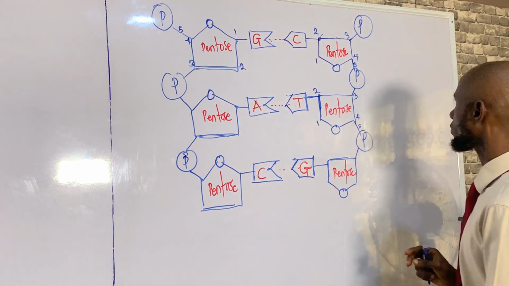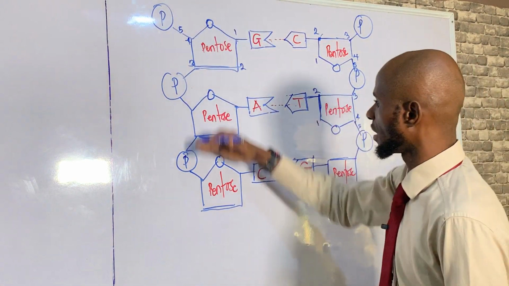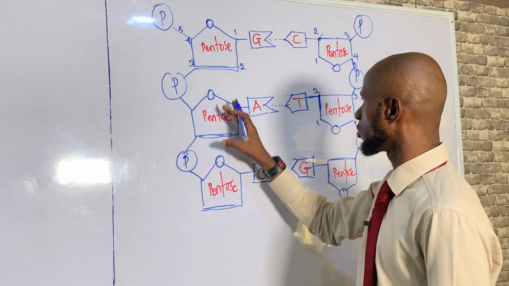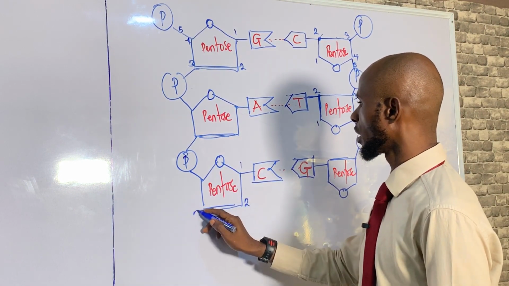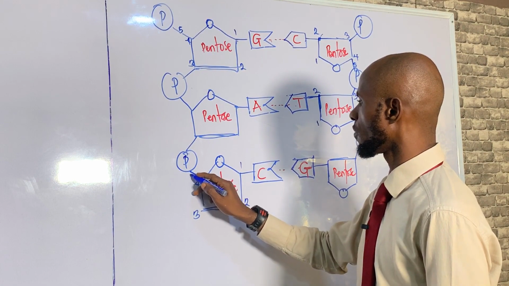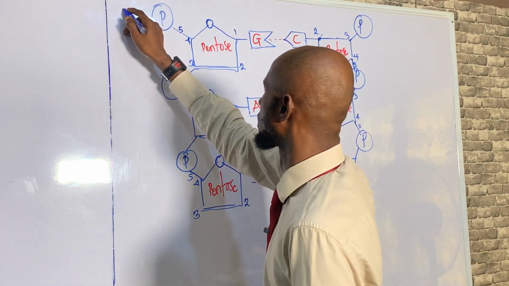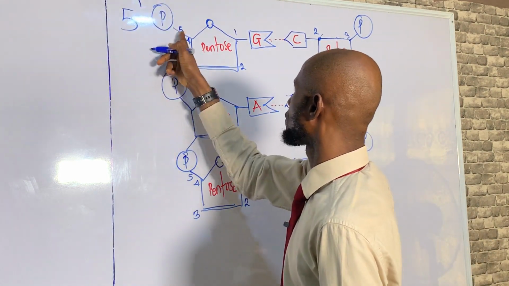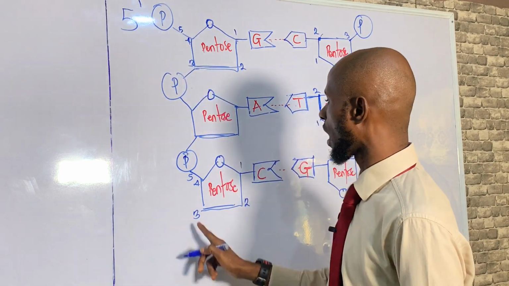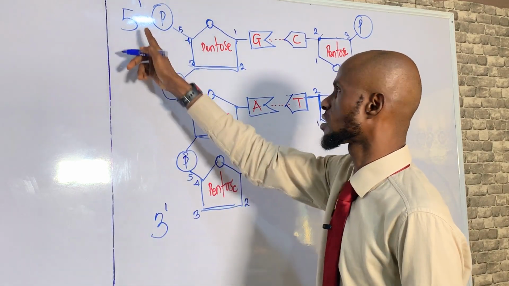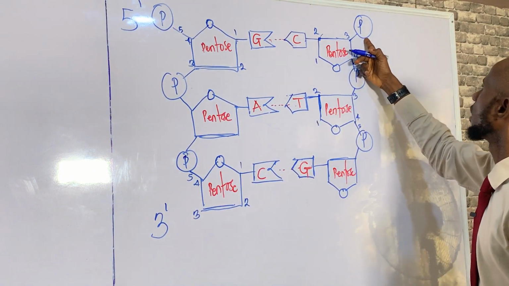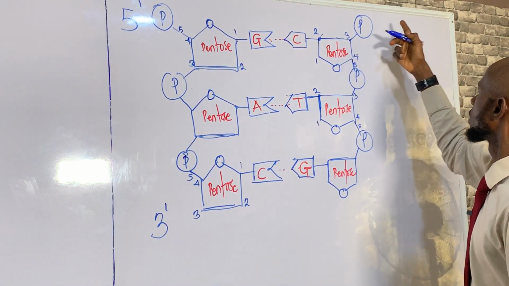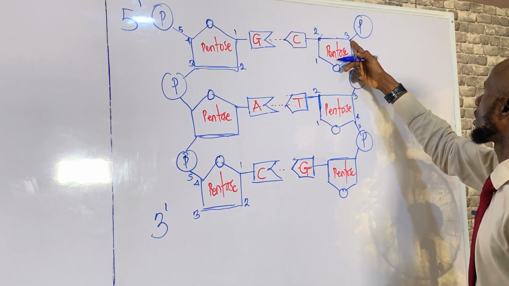Take note of that. Now, when we end, what do we use to end this? You can see that we are starting with 5 and we are ending with 3. So this is 5 prime and this is 3 prime. What are we starting with here? We are starting with 3 here.